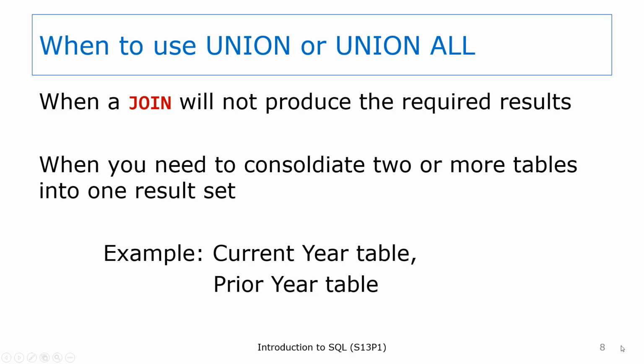So the question is, when would you want to or need to use a union or union all operator? Usually, when you want to get data from more than one table into a result set, you will use a join of some kind. But there are some types of queries where a join will not provide the results that you need, but a union might. As shown in the example in this video, you might be able to combine some simple select statements to get the results that you need.